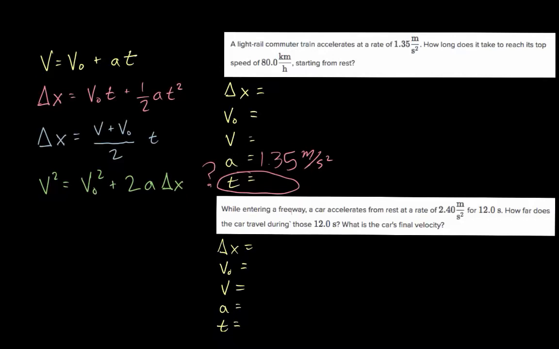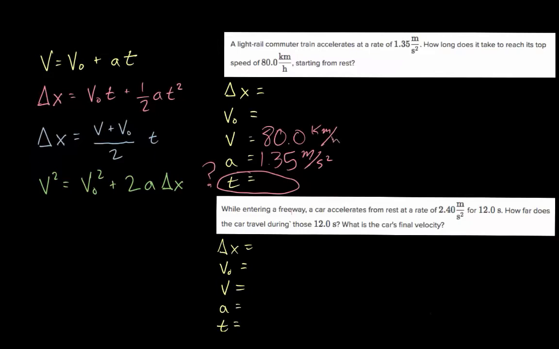So that's 80.0 kilometers per hour. And sometimes you'll see this written as v sub f to really explicitly say it's the final velocity. So the notation might vary in your physics class. Whatever notation you use, that's fine. But make sure to ask yourself, what is this symbol really talking about? So anyway, 80 kilometers per hour.